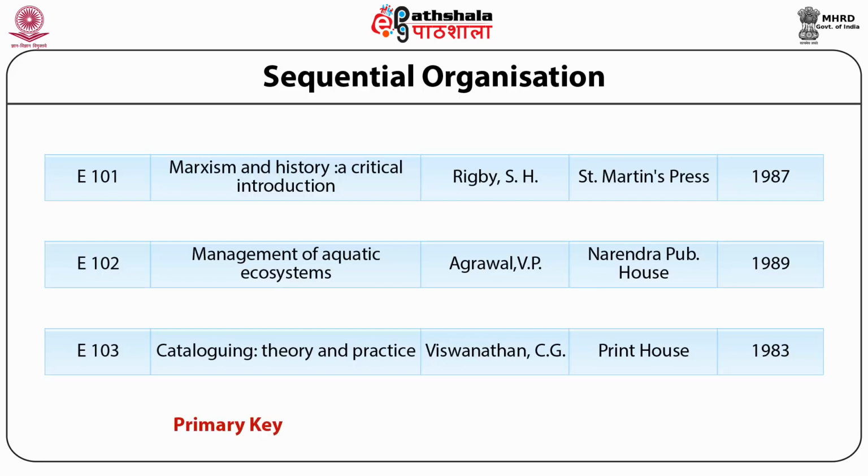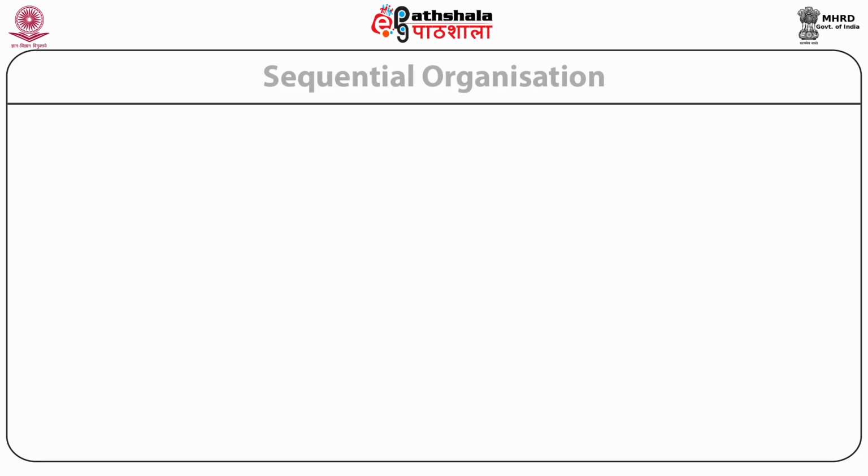These numbers are unique: 101, 102, 103. This key actually determines the sequence of records in a serialized manner. So this kind of organization is known as sequential organization.